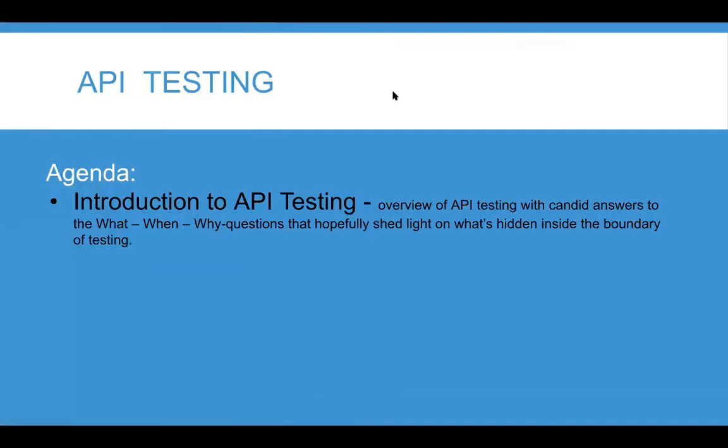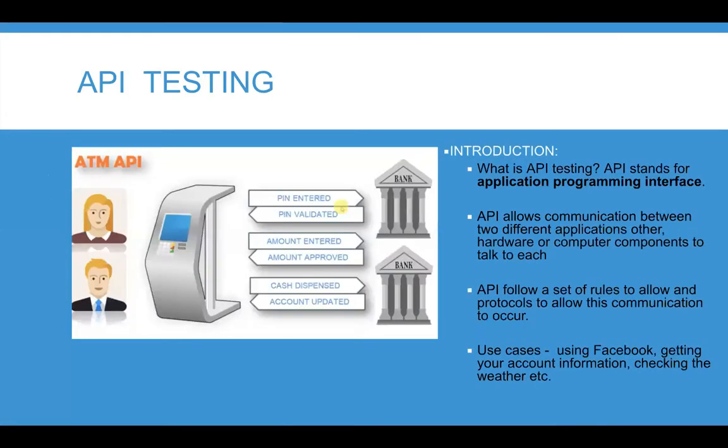All right, so we spoke about the introduction of API testing and what API testing is. I gave you examples of an ATM machine, which is the client talking to the server in the banking web services or in the banking backend, and then carrying out various requests.